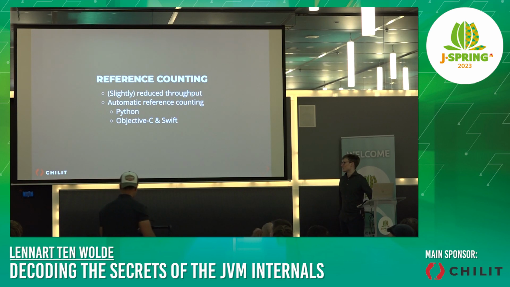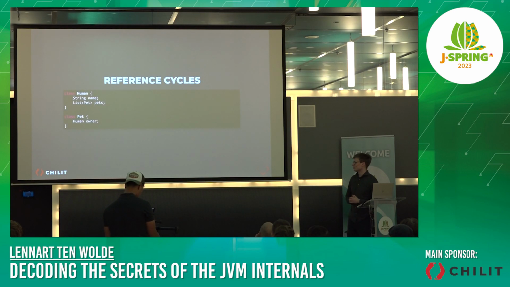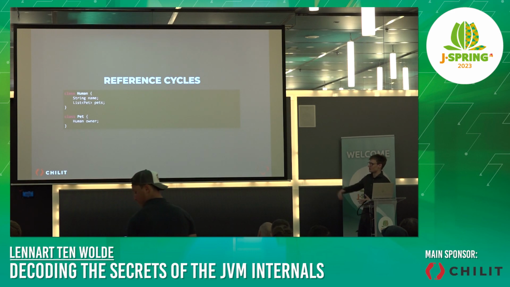But there is a big caveat with this as well, which is that you are exposing yourself to reference cycles. So what are reference cycles? Let's say you have two objects, a human, which owns a number of pets, and it's referencing these pets. So when this human exists, the pets will always have a reference count of at least 1 because they're being referenced by their owner. But the pet can also have a reference back to its owner.